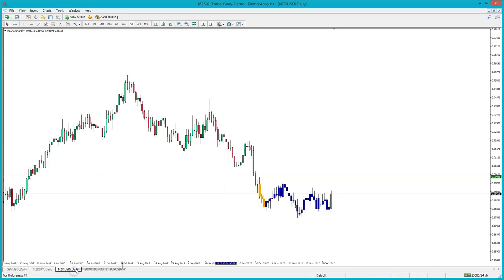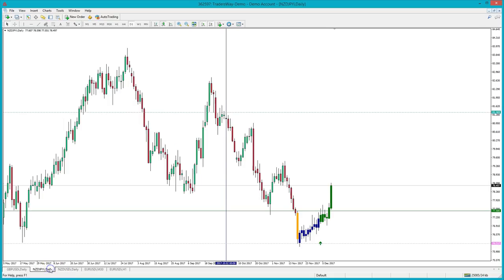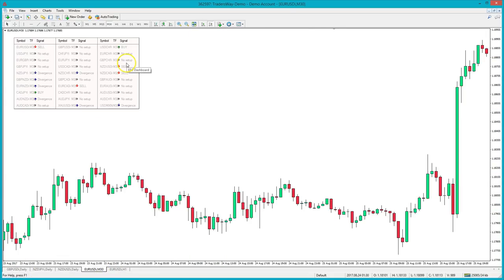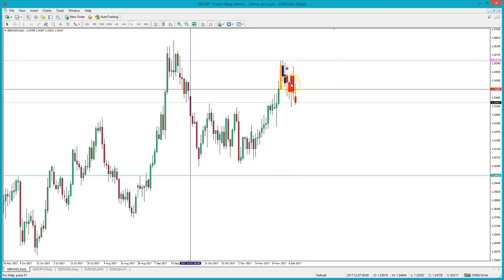This dashboard, where'd my dashboard go? This dashboard, the very first EFC indicator, never existed. To tell you the truth, the original EFC didn't look anything like this. It actually had a lot of bugs. We worked a long time to get it to look like this.